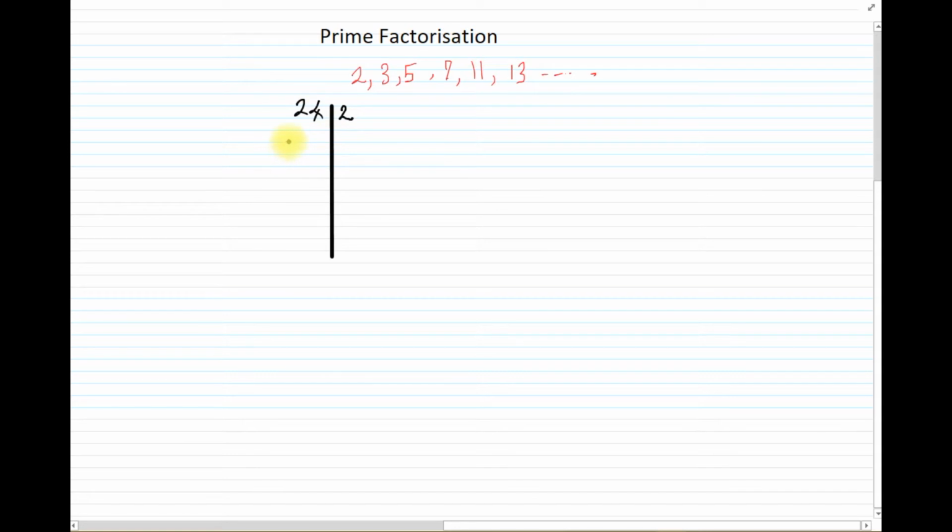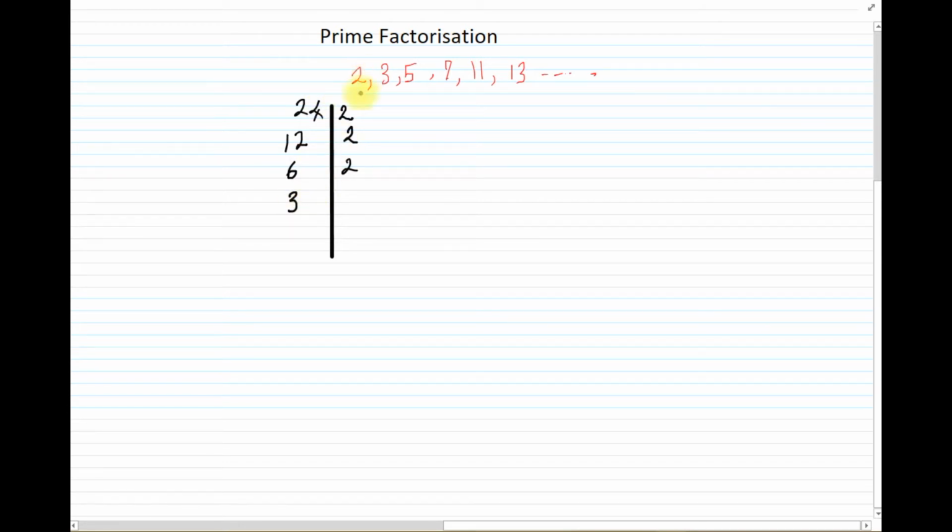24 divided by 2 is 12. We continue. Is 12 divisible by 2? It is. So we write 2. 12 divided by 2 is 6. Is 6 divisible by 2? It is. 6 divided by 2 is 3. Is 3 divisible by 2? It isn't.